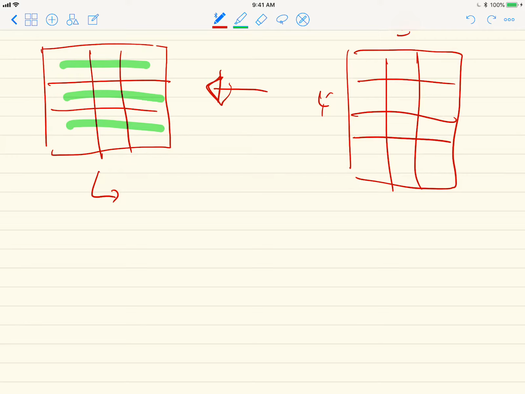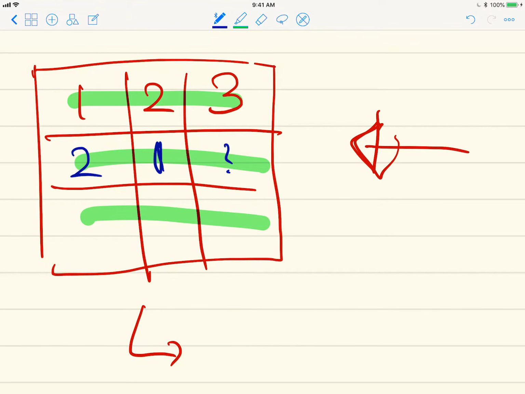And so suppose we have 1, 2, 3 on the first row, and then maybe 2, 1, and what will be this value? We can simply compute this value so that their inner product becomes 0.